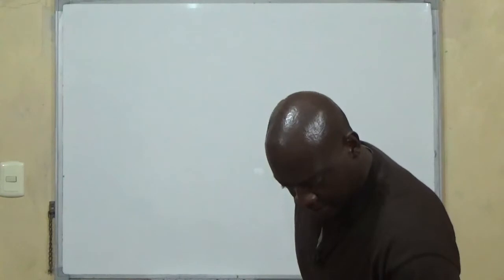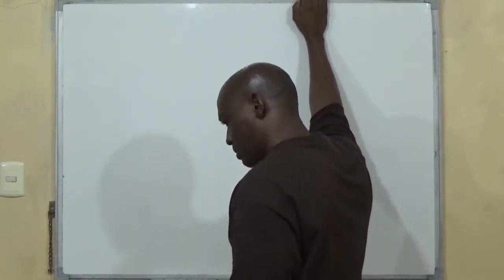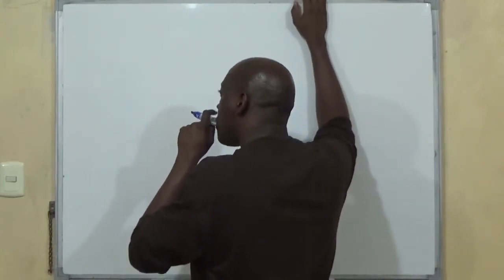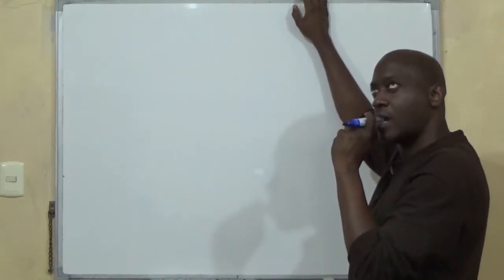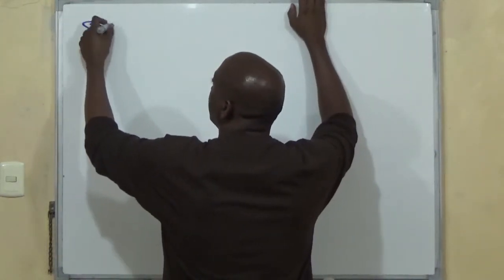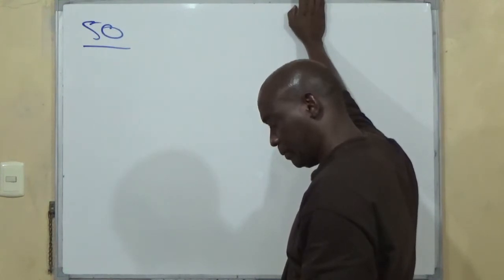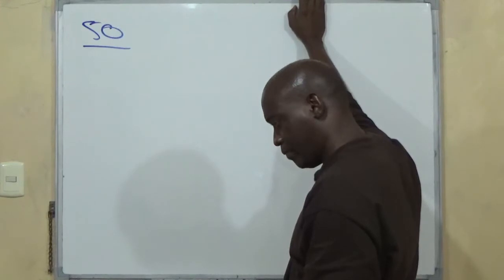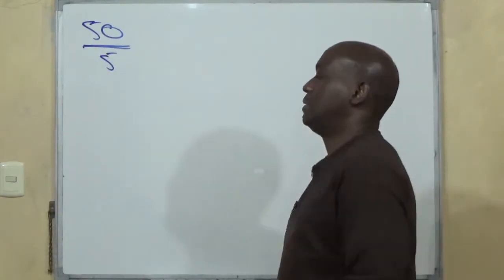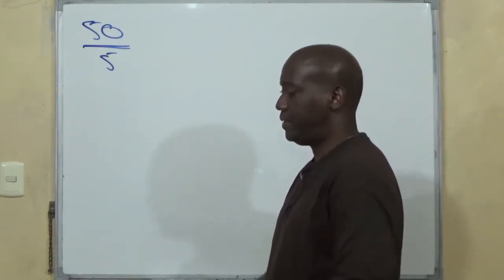So there we go. If I have, let us say, a fraction, let me say the fraction is 50 over 5, right? 50 over 5.